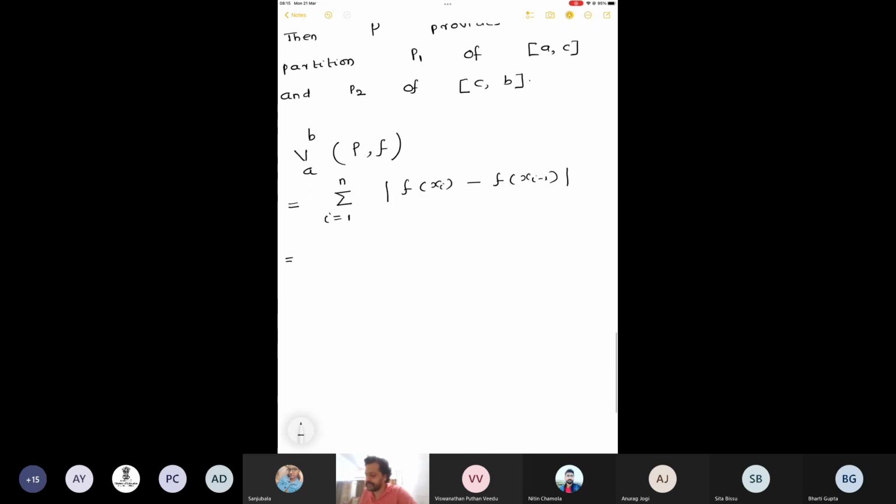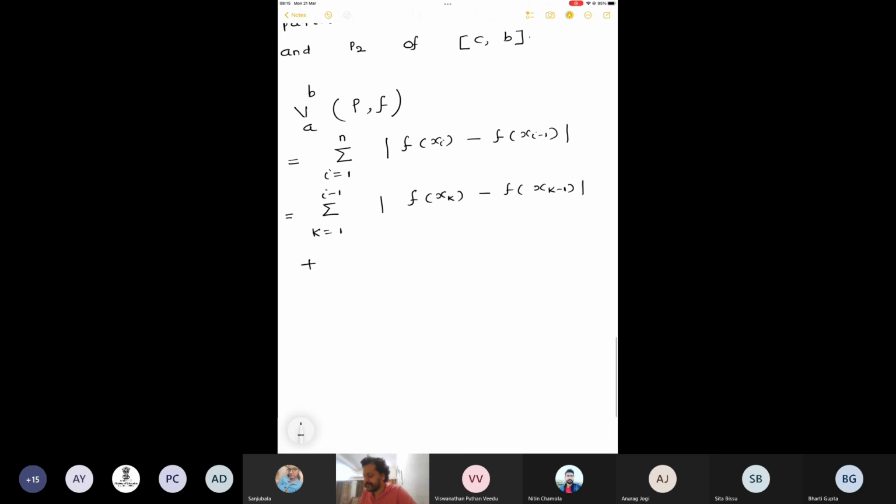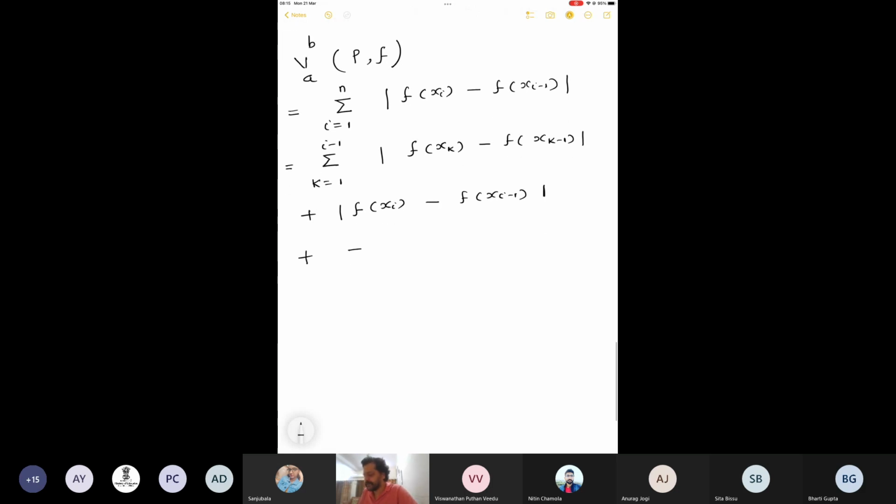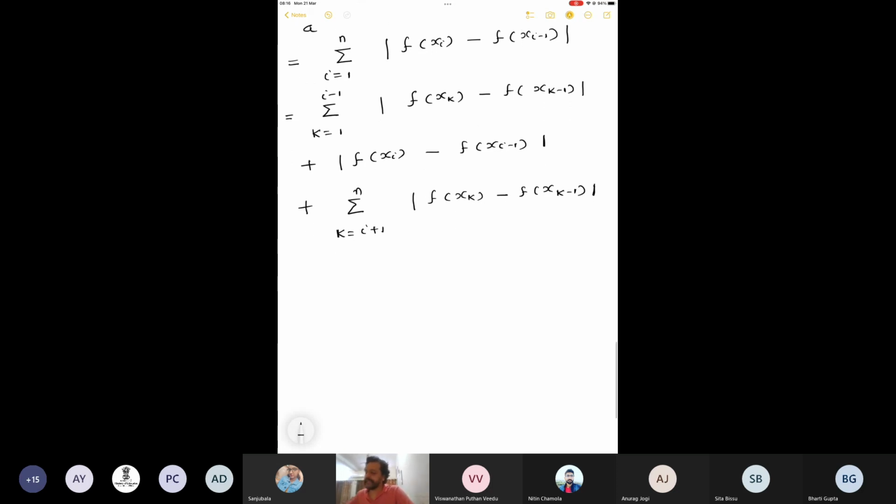So let me split this into summation k equal to 1 to i minus 1 modulus of f of xk minus f of xk minus 1, plus the ith term f of xi minus f of xi minus 1, plus summation k equal to i plus 1 to n modulus of f of xk minus f of xk minus 1. Simple algebra.